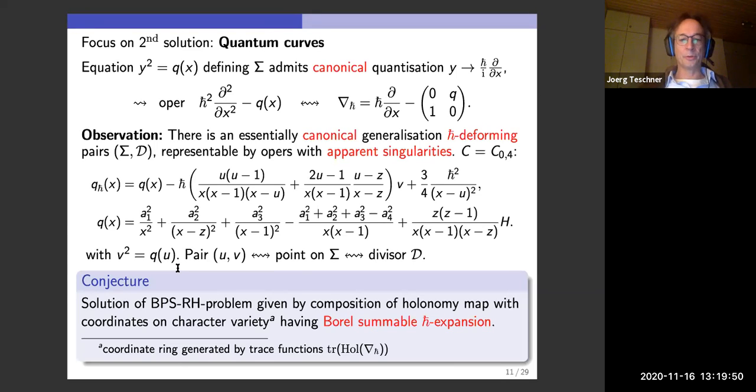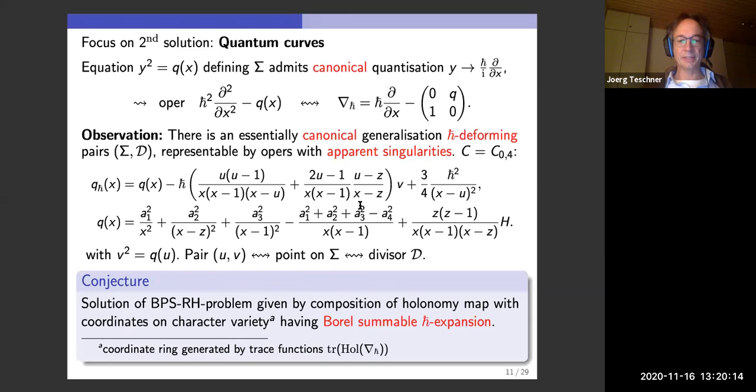Points on the Jacobian in turn are equivalent to divisors on our curve sigma. So what I was saying is that there is essentially a unique way of modifying here the quantum curve by just using the same divisor, which is describing the points in the torus fiber.